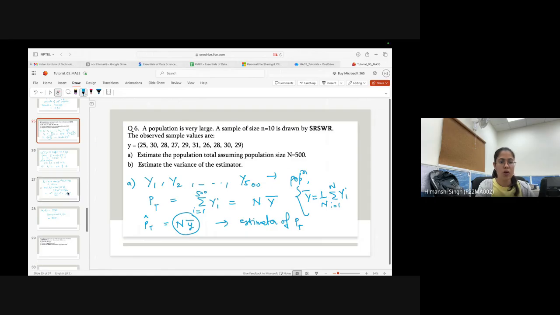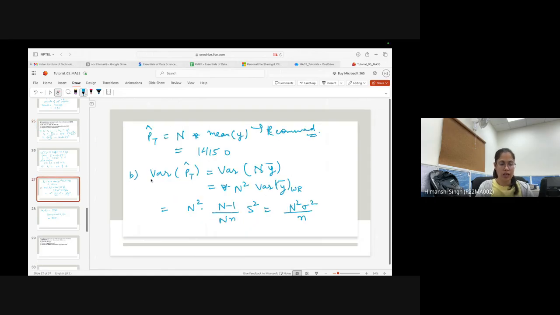First of all, what is the variance of the estimator? The estimator is PT hat. I want to calculate its variance. So variance of PT hat is variance of N into y bar, small y bar. If I take N outside, because N is a constant, it will come outside as N square. So N square variance of y bar.